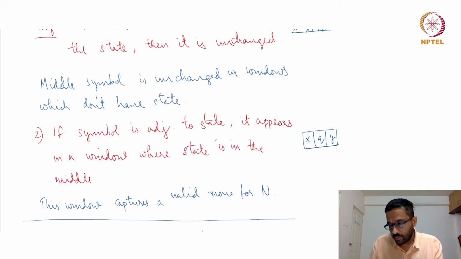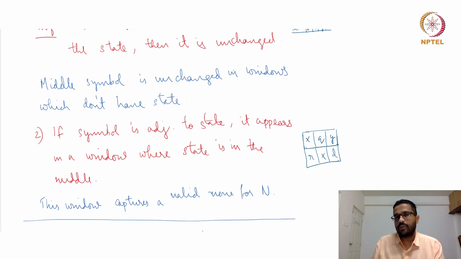Now there will be a window where Q appears in the middle, and we are talking about X or Y which are adjacent to Q, and so the 2 by 3 window that comes like this will completely determine what should follow X or what should follow Y. So if it is not adjacent to a state, then it is unchanged. If it is adjacent to a state, the window where the state appears in the middle of the top row will fix what happens. So maybe upon reading Y, it writes D and then moves left to state, let's say R.